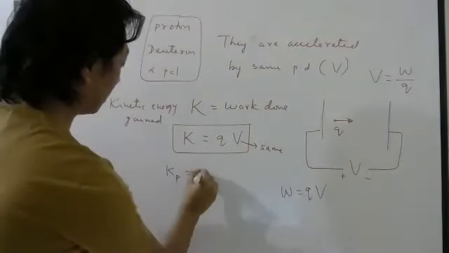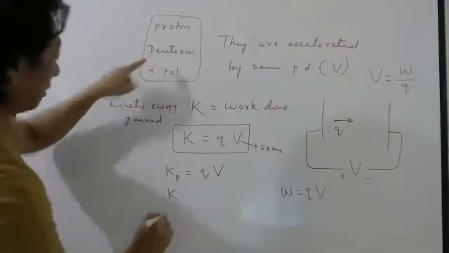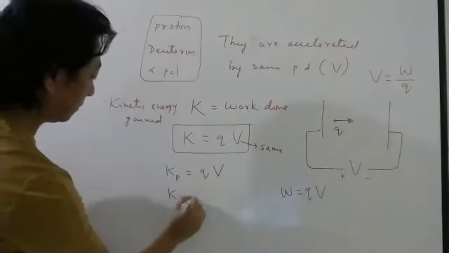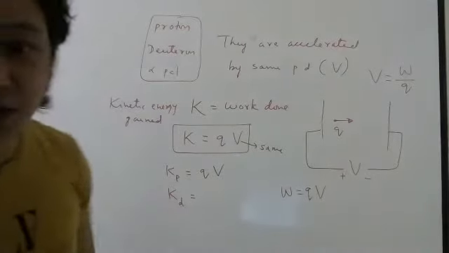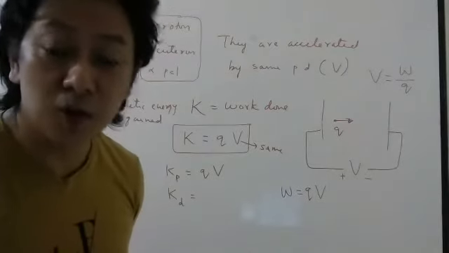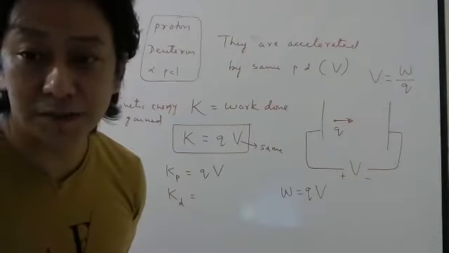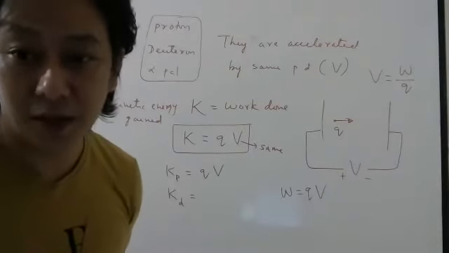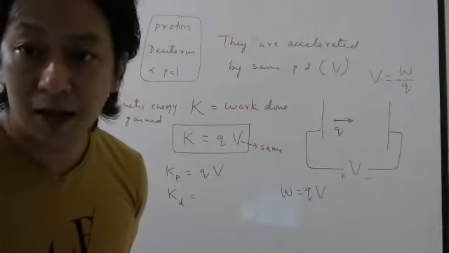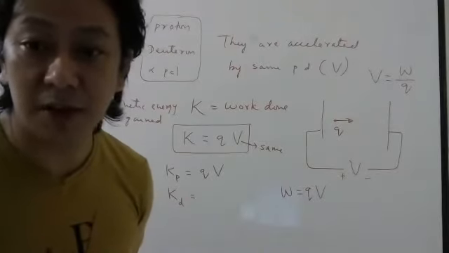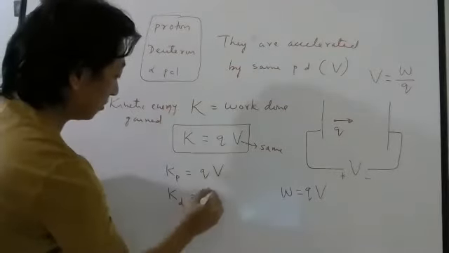Charge of proton, let us write Q into V. Kinetic energy gained by deuteron, let me write small d. What is the charge of deuteron? If charge of proton is Q, what is the charge of deuteron? Deuteron is an isotope. Isotopes always have same number of protons. So charge of deuteron also will be Q. Voltage is same.